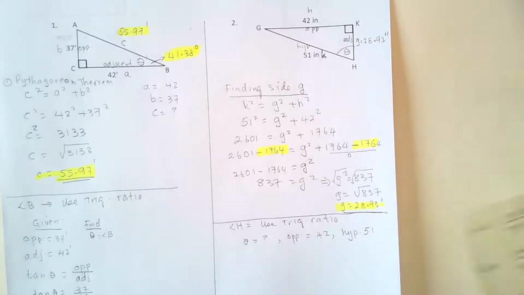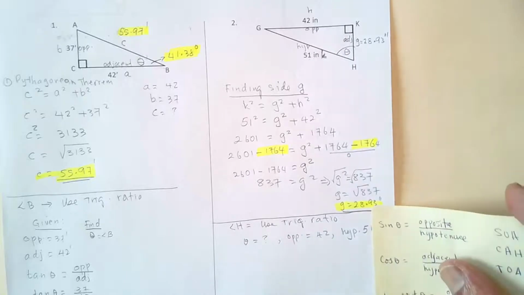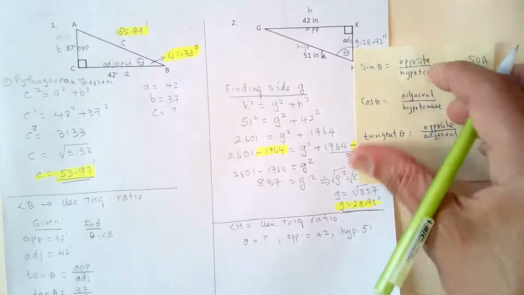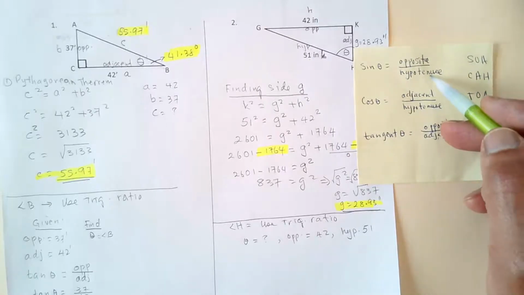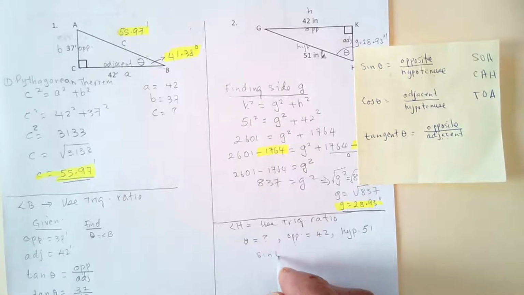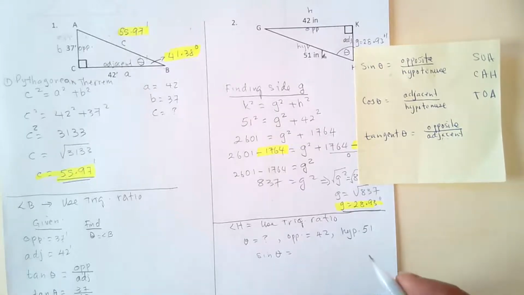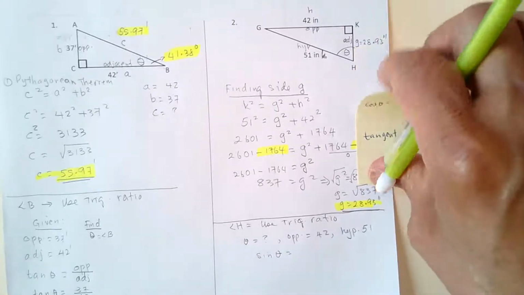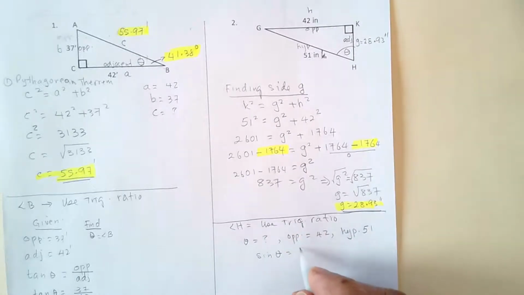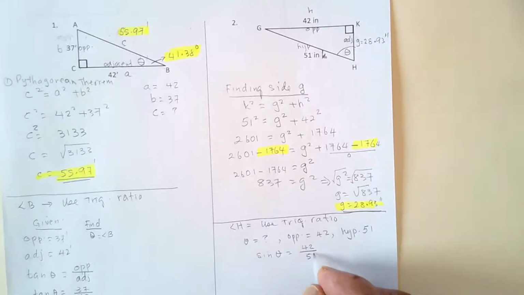Then I go to my trig ratio and see where opposite and hypotenuse matches. Opposite and hypotenuse is sine. So I'm going to use a sine ratio: sine of angle H is equal to the opposite, which is 42, divided by 51.